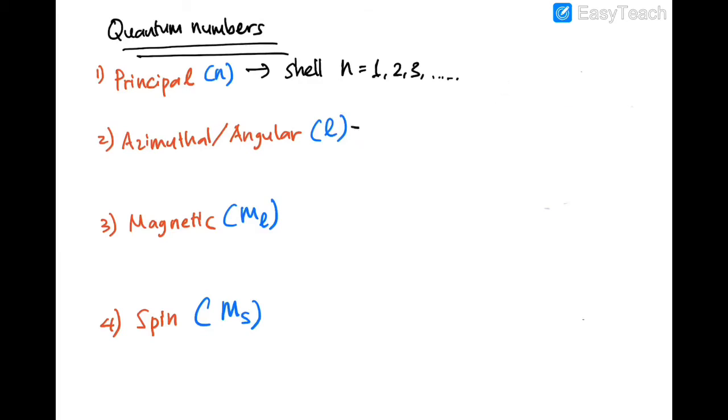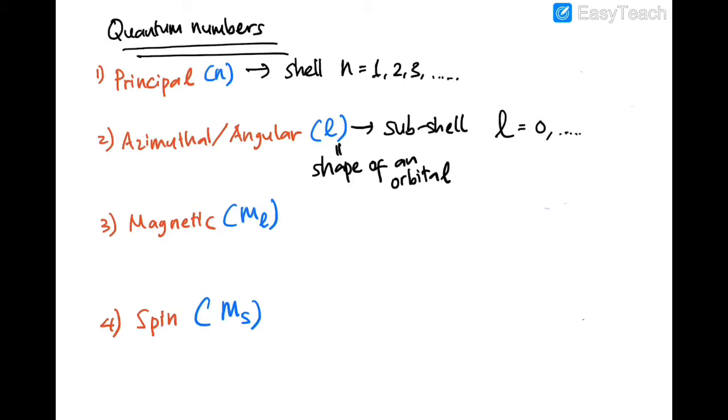So l tells you about the subshell, and also the shape of an orbital that we will get to talk about a bit later. The subshell goes from 0 to n minus 1.